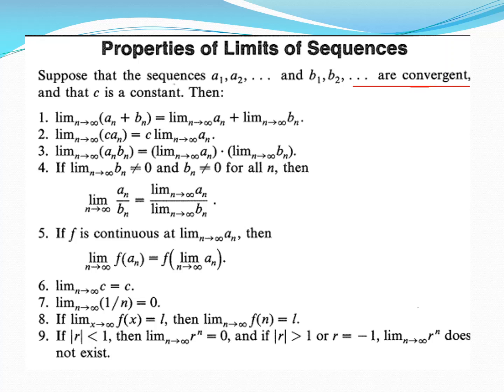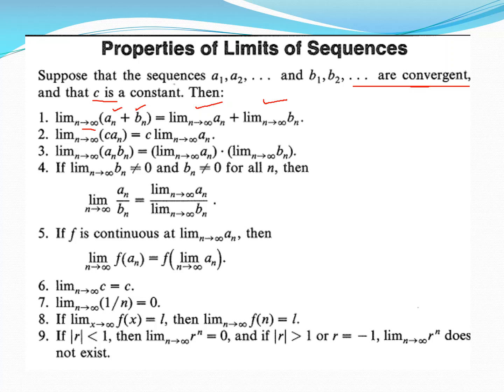If the sequences are convergent and C is a constant, then taking the limit as n approaches infinity of an plus bn, we can write it separately as the limit as n approaches infinity of an plus the limit as n approaches infinity of bn.